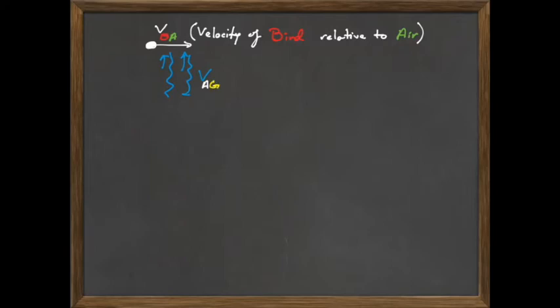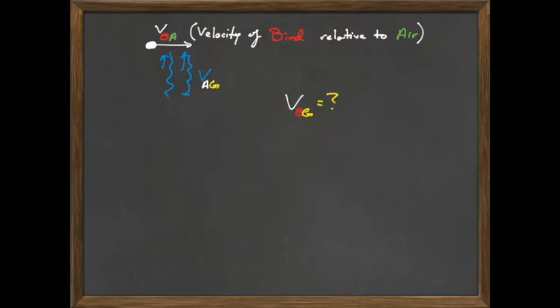Because we would measure the wind speed as if we were standing on the ground with something to measure the wind, and this is how fast it moves relative to the ground. So then the question would be, if I'm an observer on the ground, I want to know how fast, so what is the velocity of the bird relative to the ground?